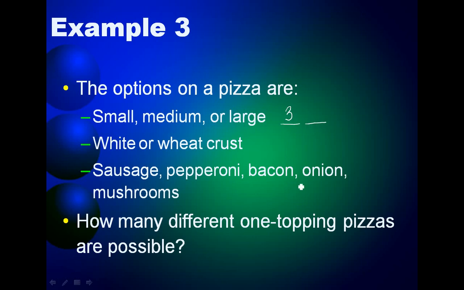Then you're going to choose a crust, and you have 2 different crusts to choose from, white or wheat. Then you're going to choose what topping you want. There's 1, 2, 3, 4, 5 toppings. The counting principle says all we have to do is multiply those together, and there are 30 different possible pizzas.